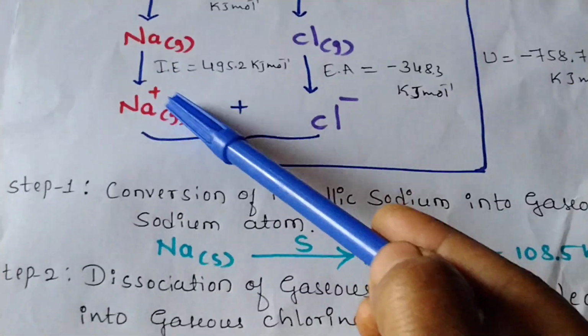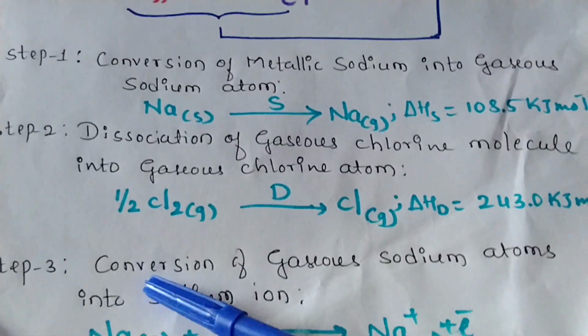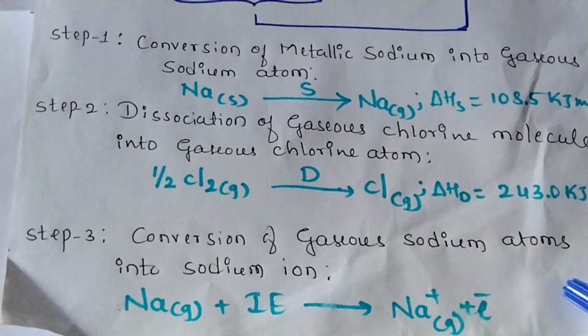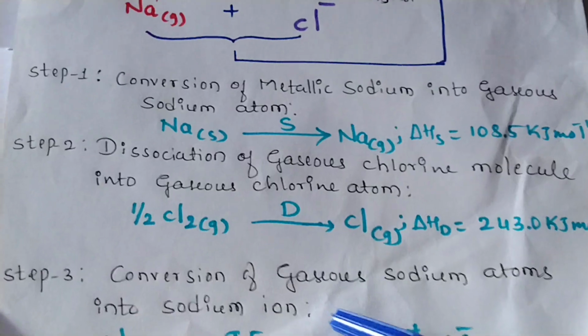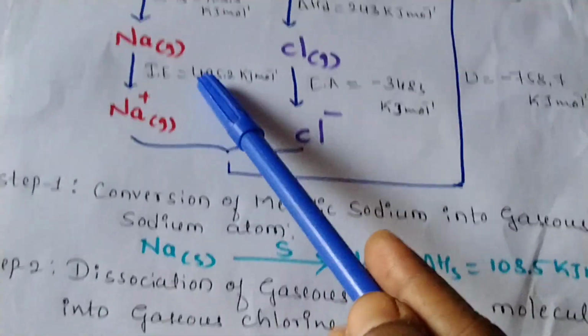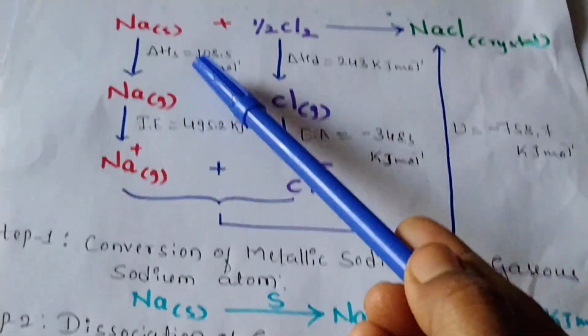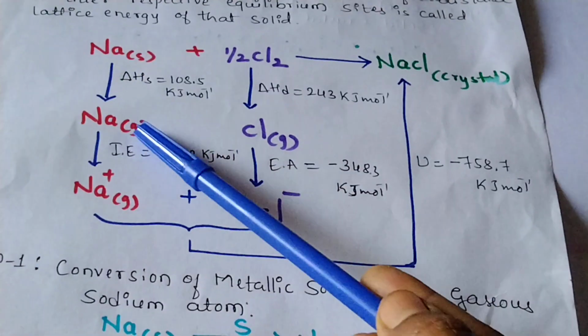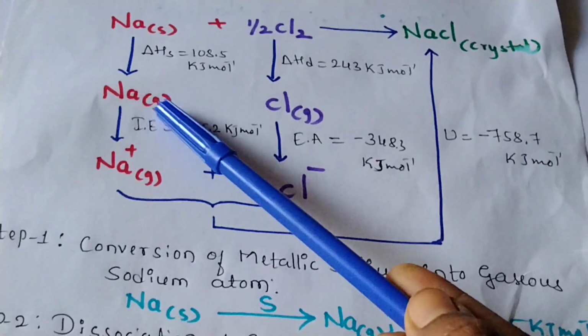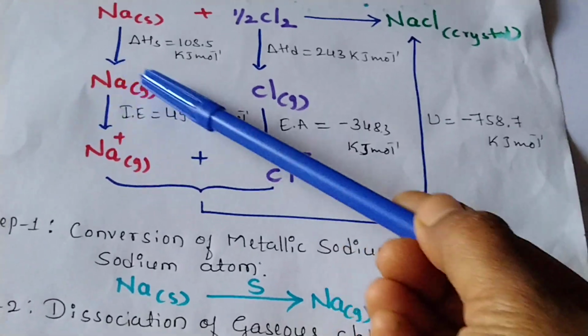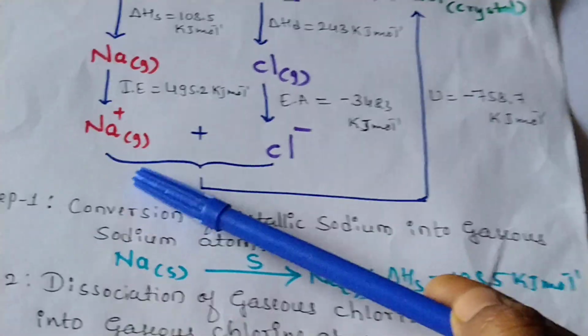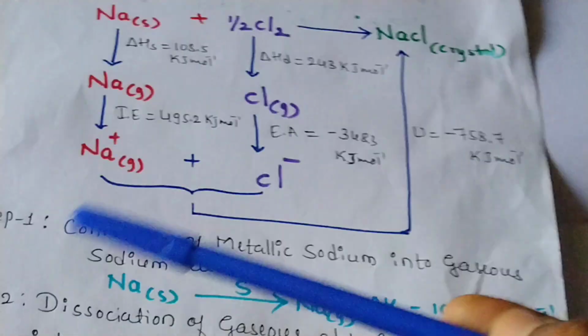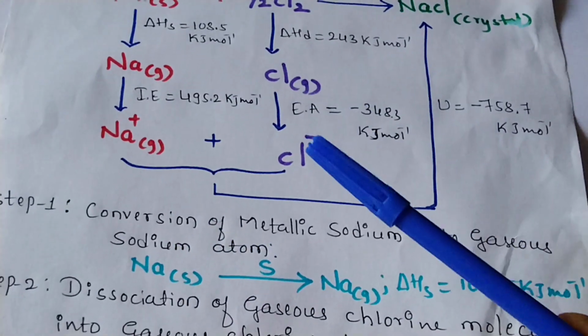Then the third step is conversion of gaseous sodium atom into a sodium ion. In the first step we converted metallic sodium into a gaseous sodium atom. Now we have to convert a gaseous sodium atom into an ion, which requires some amount of energy.